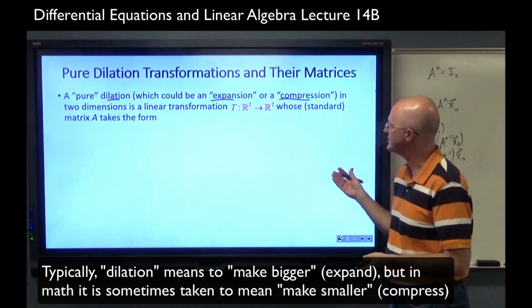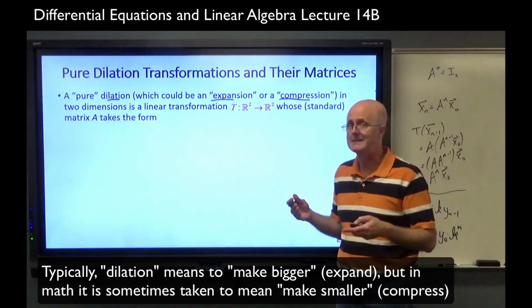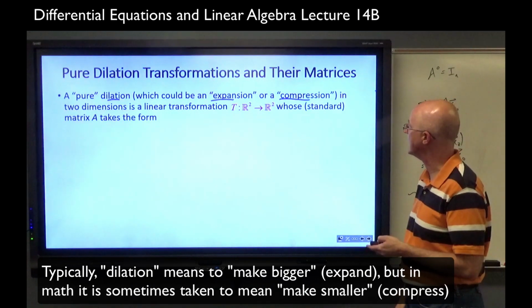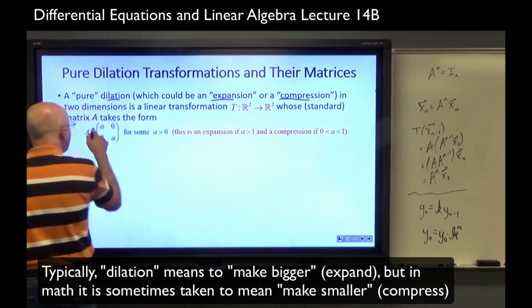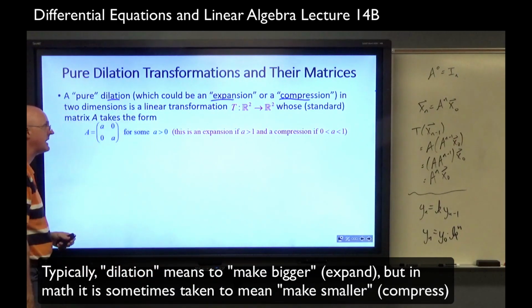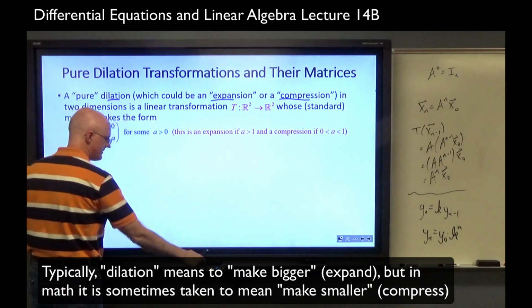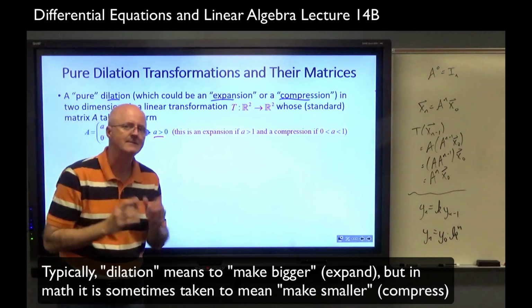We're talking about 2 dimensions here to make it easier, though I could generalize this to higher dimensions. It's a linear transformation from R2 to itself whose standard matrix takes this form. Capital A is a diagonal matrix, both upper triangular and lower triangular. There are zeros below the main diagonal and zeros above the main diagonal. I am taking the number on the main diagonal to be positive because it keeps things simpler.